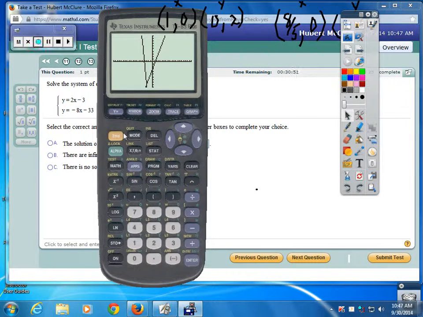I hit second function, trace, and type intersect, number 5. First curve is right there. Second curve, make sure it's on the second one. Yep, it is. Give an estimate, move it to where you think the intersection is, and hit enter. I get an intersection of -3 and -9.